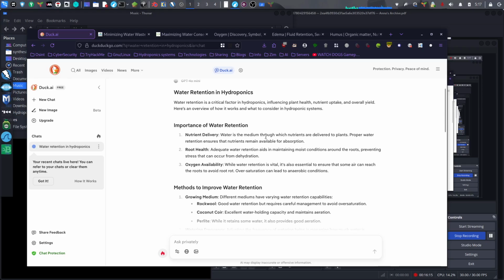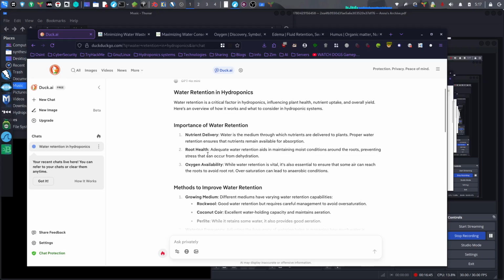Importance of water retention. Nutrient delivery: water is the medium through which nutrients are delivered to plants. Proper water retention ensures that nutrients remain available for absorption. Root health: adequate water retention aids in maintaining moist conditions around the roots, preventing stress that can occur from dehydration.